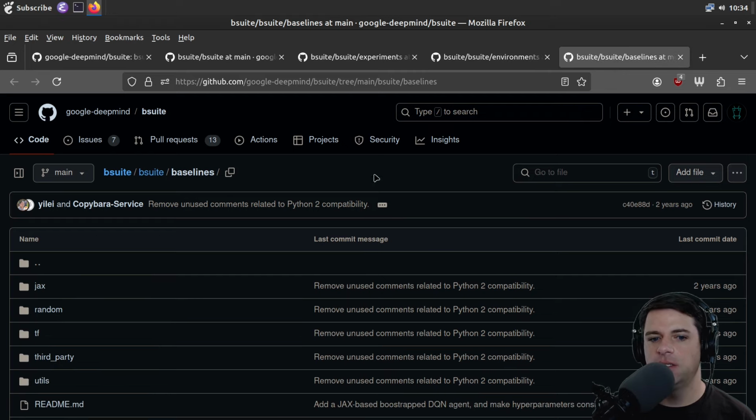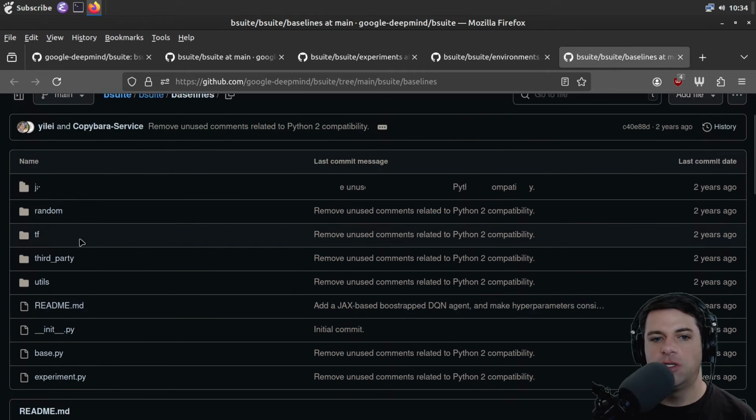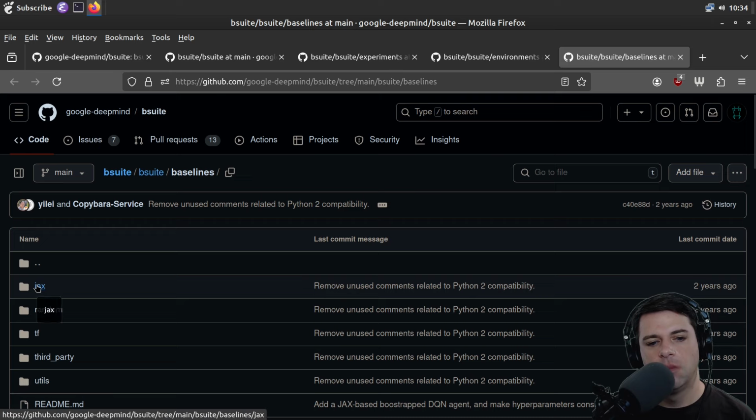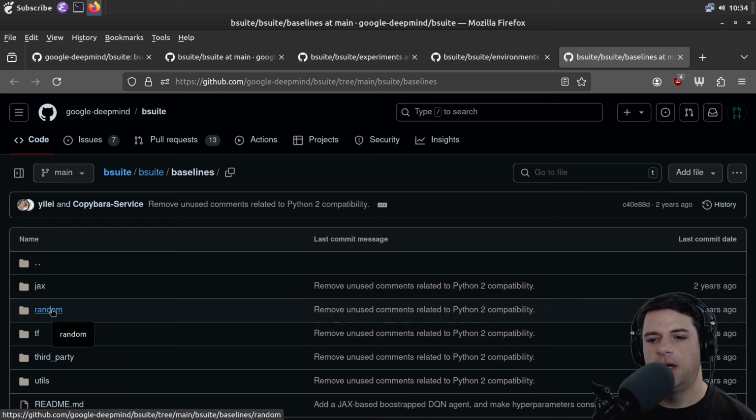So we have baselines, which includes JAX, and then random is probably just randomly selecting actions, a not quite worst case performance, but you can't really do worse in expectation than just randomly choosing actions.